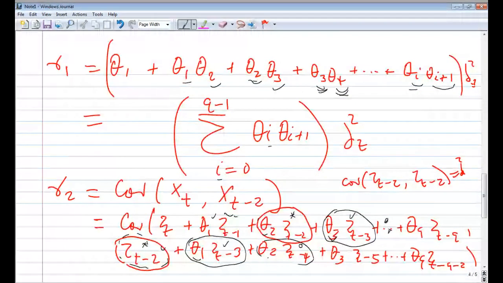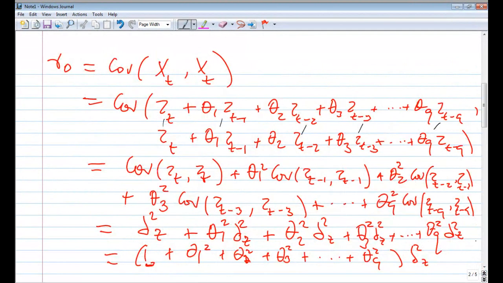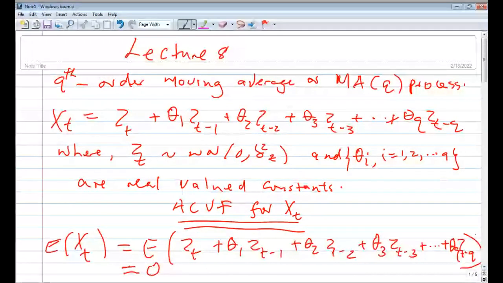When you were defining this Q moving average, you said theta i ranges from i equals 1 up until Q. Why did I say that? Because here we are defining the thetas.